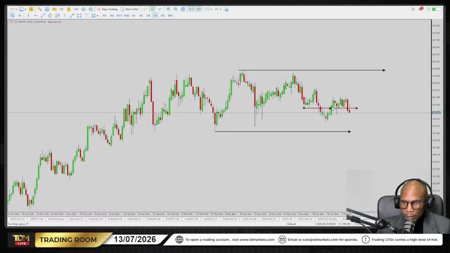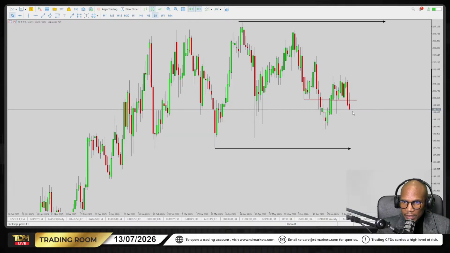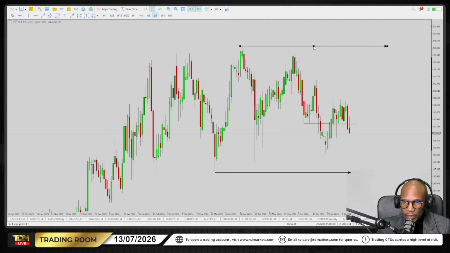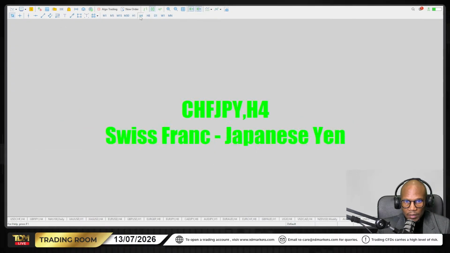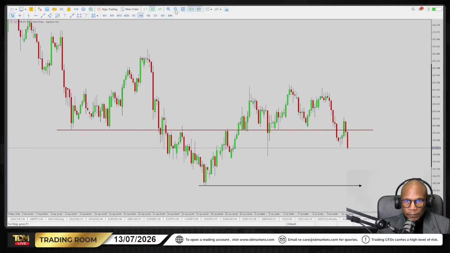With the internal structure, it should be pushing price back down to this low. So Swiss yen, according to the structure, should be coming back down to this low. So this is how it's looking now.